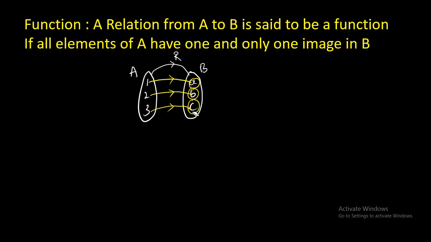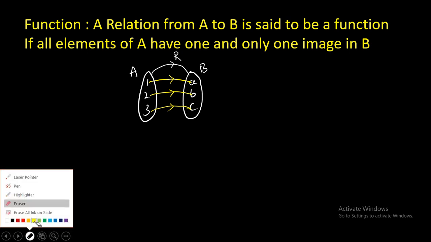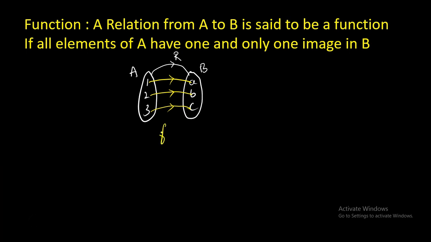Therefore, you can observe each element of the set A having only one image in the set B, and now onwards we call this as function.